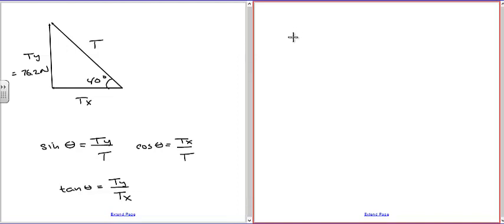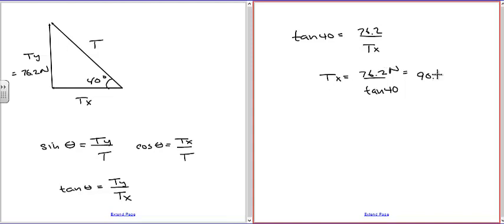So the tangent of 40 is going to be 76.2 divided by t sub x, or t sub x equals 76.2 divided by the tangent of 40. So 76.2 divided by the tangent of 40, and I get 90.8 newtons.